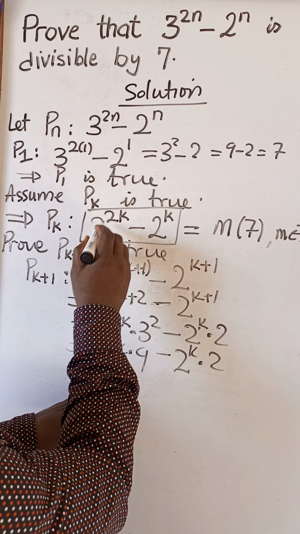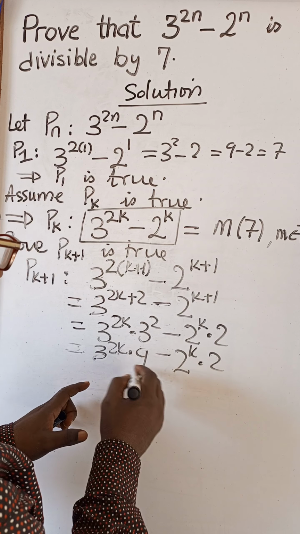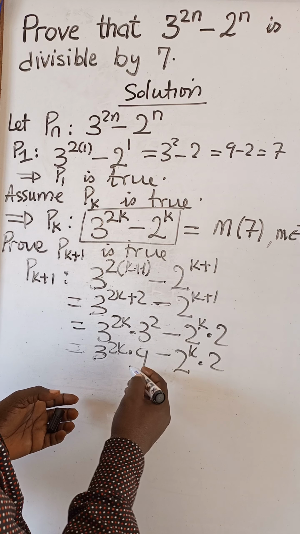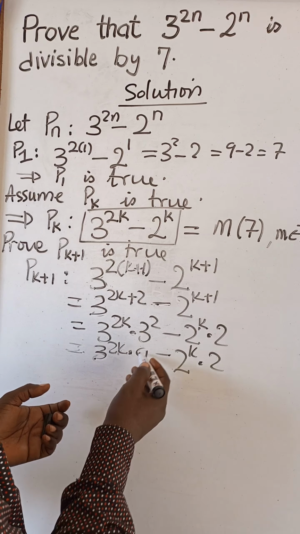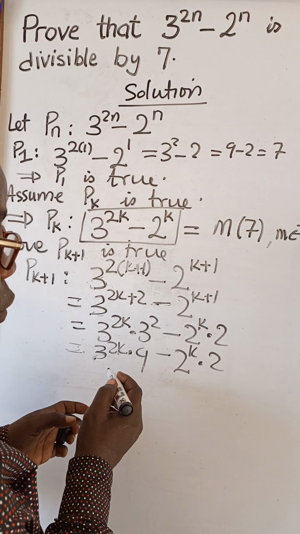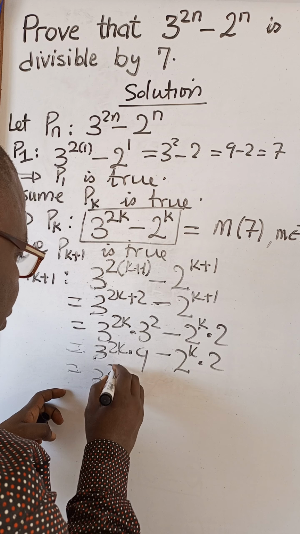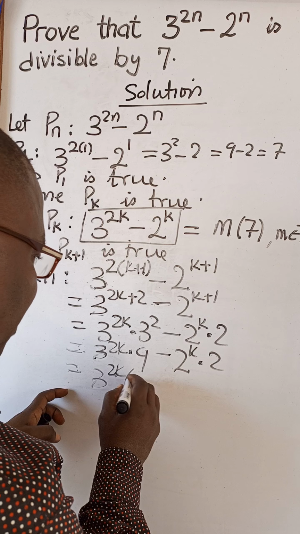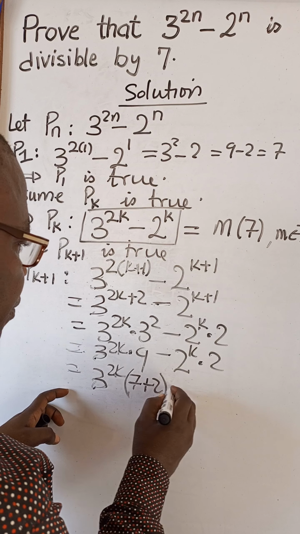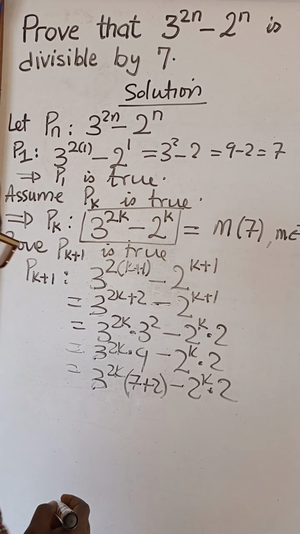It's very important to bring in 7, so we'll write 9 here as 7 plus 2, because here we have 2. Just watch. So we have 3 to the 2k, and in place of 9 we say 7 plus 2, because 9 is the same as 7 plus 2, minus 2 to the k multiplied by 2.